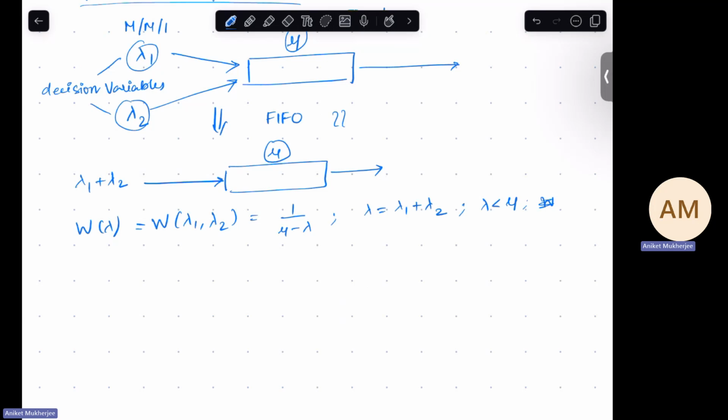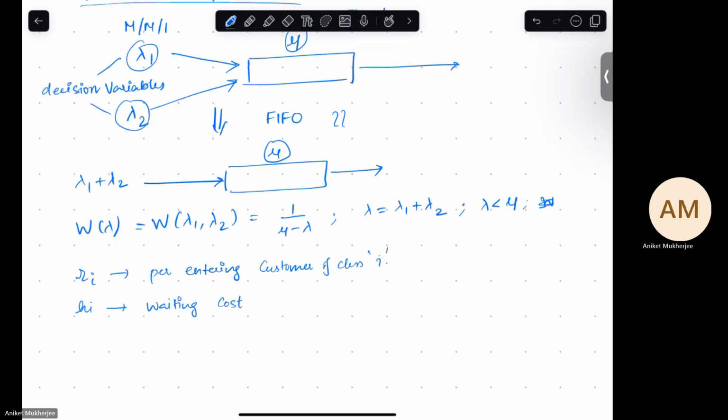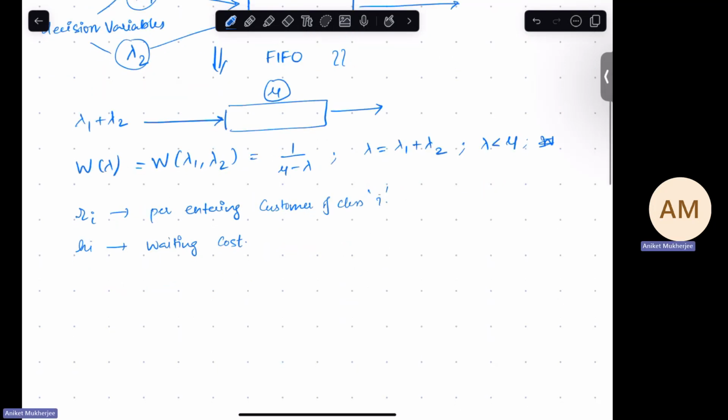But here we'll have class dependent rewards and waiting costs. What this means is there is a reward Ri for entering a customer of class i, and Hi is the waiting cost. The objective is to maximize the steady state expected net benefit per unit time.